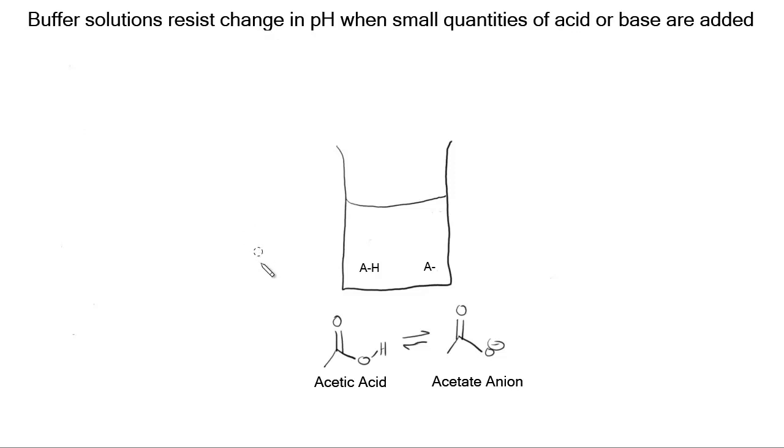Within the beaker, I'm going to represent acetic acid with A bonded to H, and I'm going to represent the acetate anion with the conjugate base, or A with a negative charge on it.